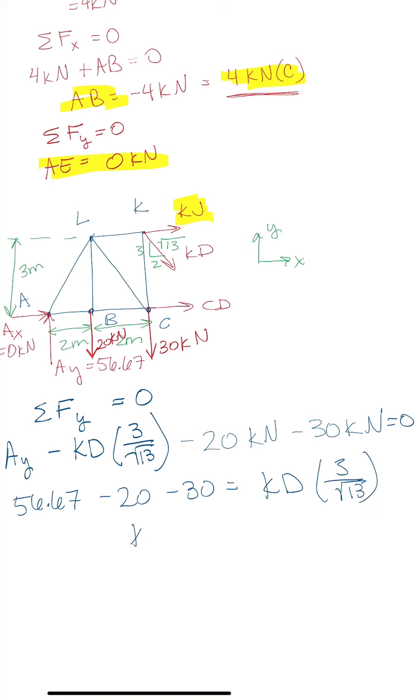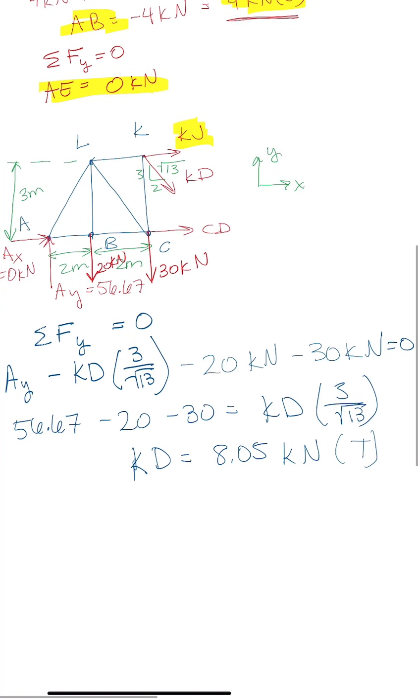Then we can multiply that out and we get KD equals 8.05 kilonewtons. So that means that I was right and it is in tension. And then we're supposed to be finding KJ, which is what we're interested in. Now that we have KD, we can figure out KJ, so we can go back to that.